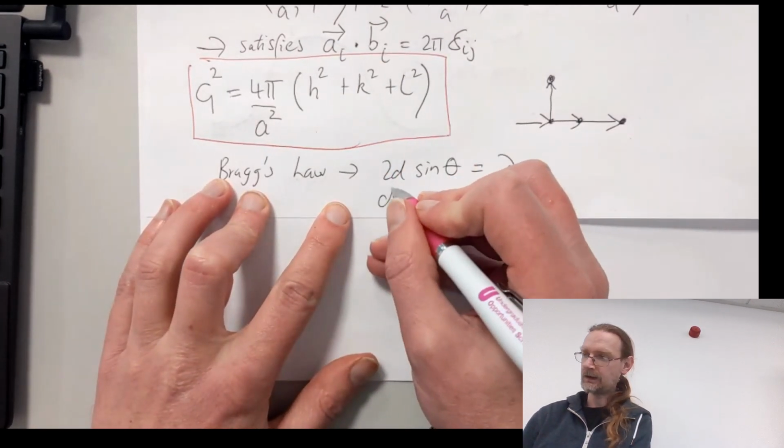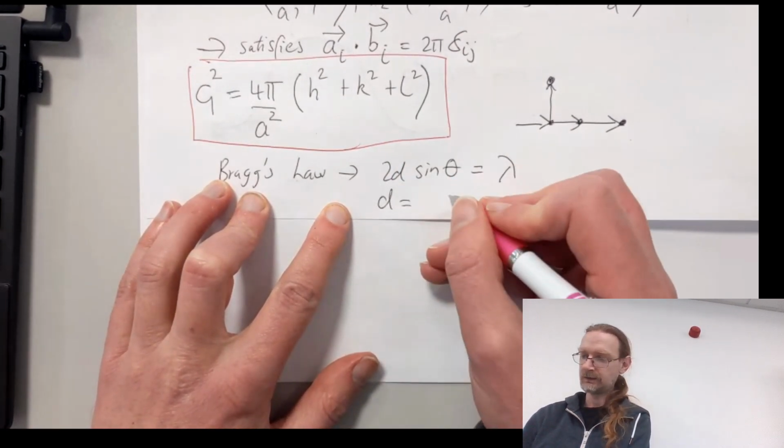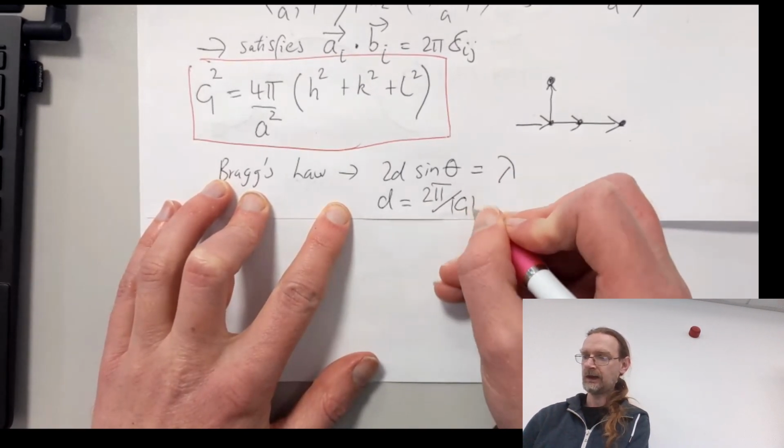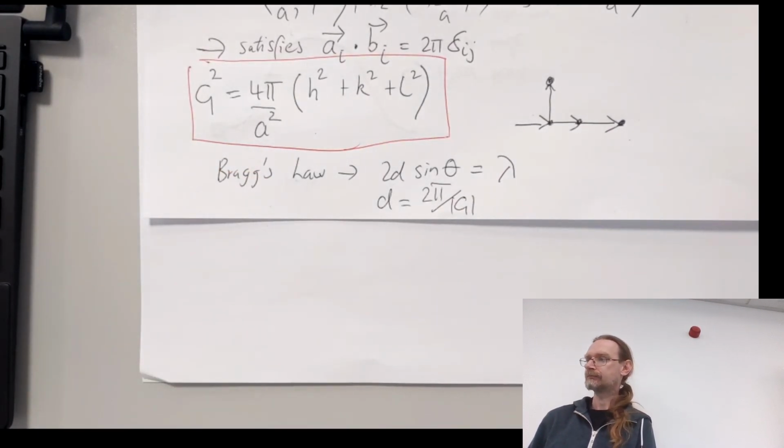And that d is going to be 2 pi over the length of our vectors.